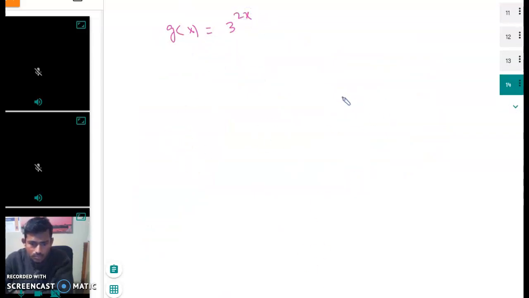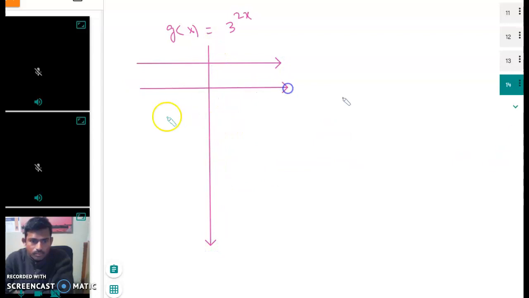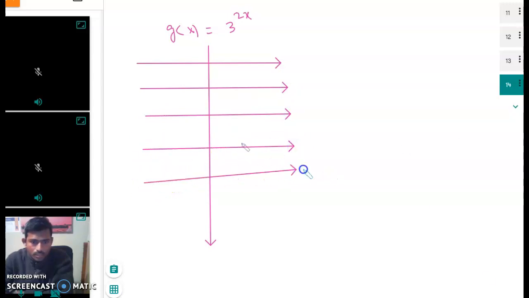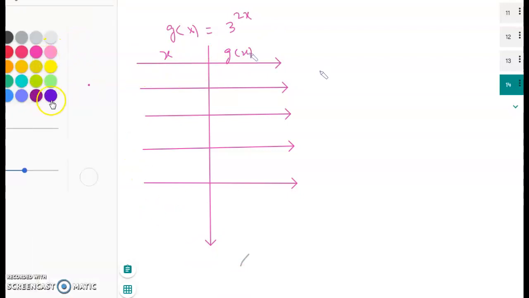Your g(x) is 3 to the 2x. So I'm going to make a table right now. Use the other space to do the math. I'm going to write down x and g(x).